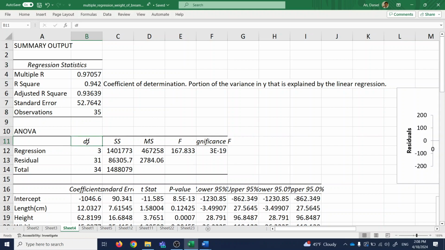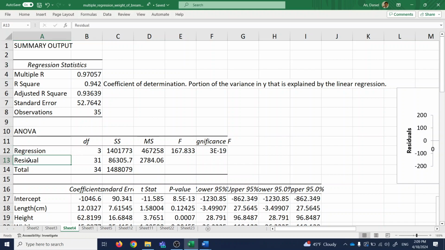And now there's the degrees of freedom. There's the regression degrees of freedom, which is the same as the number of predictor variables. So we had length, width, and height.